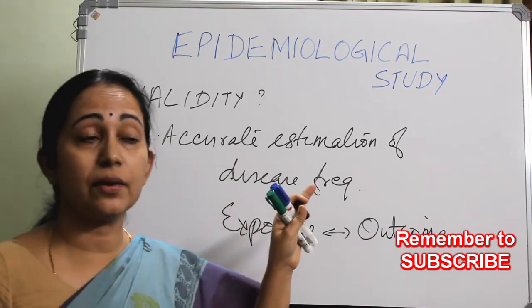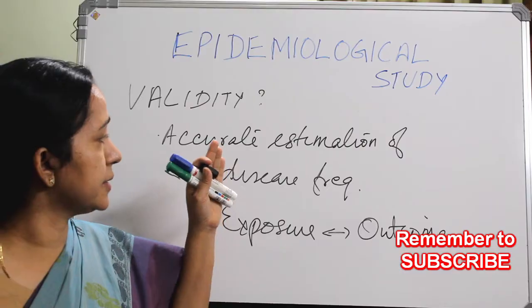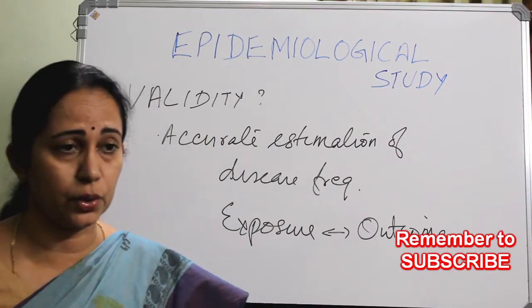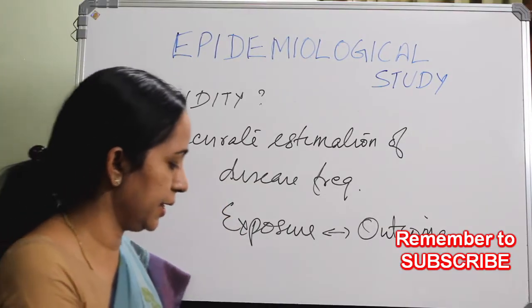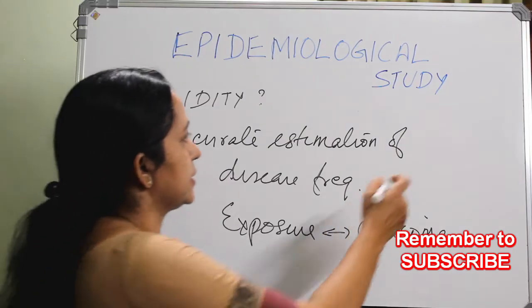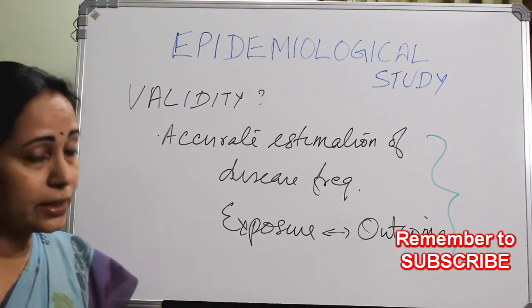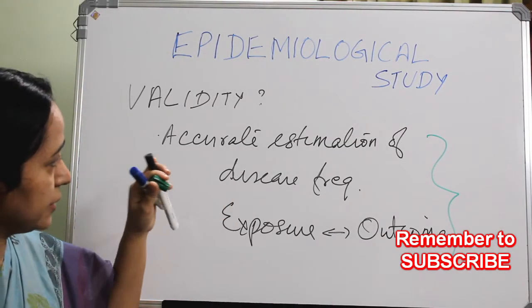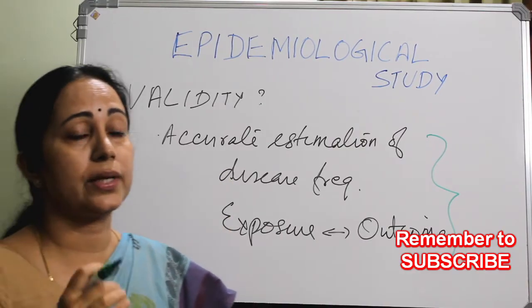So how can we tell that it is an accurate estimation? That is by looking at the study methodology. So this is inside the study, and we can call it internal validity. By looking at the methodology, we can tell that the study is giving an accurate estimation.